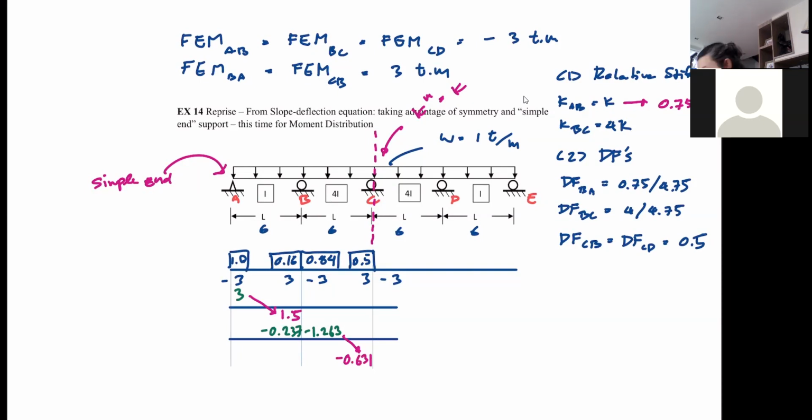Then because of symmetry, if there is anything coming from the right, it's going to be equal and opposite. So that's the end of everything. And because you modified this, you don't bring 0.631 back to B either.